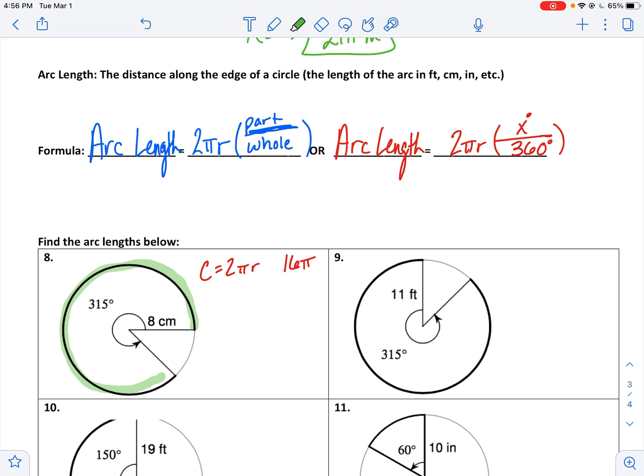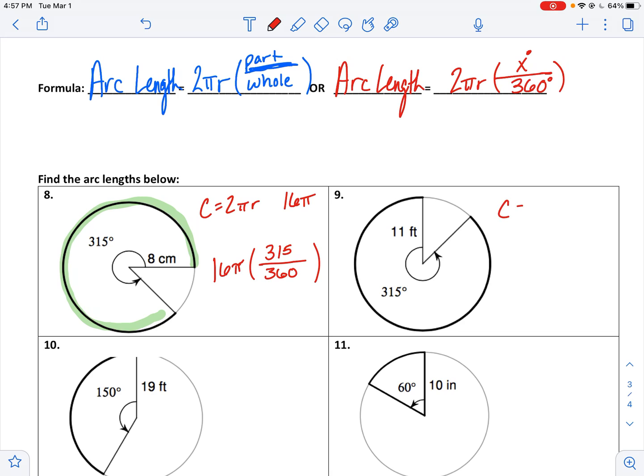So I need to find out what fraction to multiply 16 pi by to get just that part. And to do that, I will look at the degree measure indicated. So I don't want the full 360. I just want 315 out of those 360 degrees. So I'll multiply my circumference by that fraction.